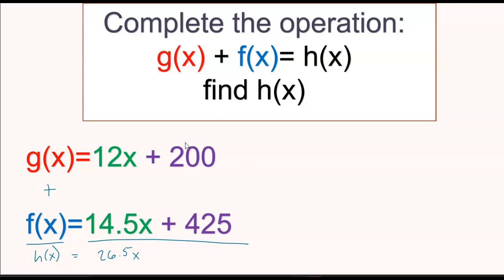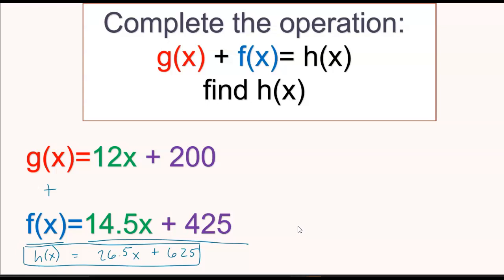Now these ones are also like terms. These are numbers that we can combine. 200 plus 425 is going to be 625. And that's our answer. H of x is this equation, 26.5x plus 625.